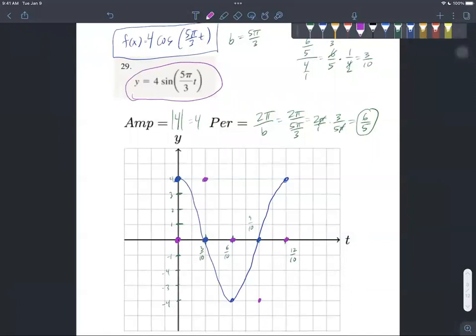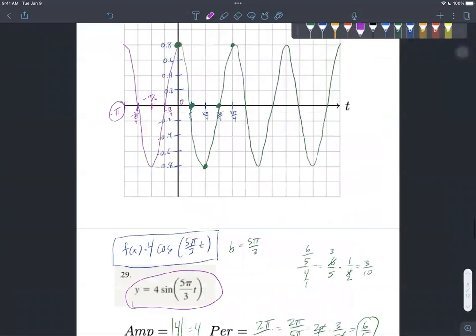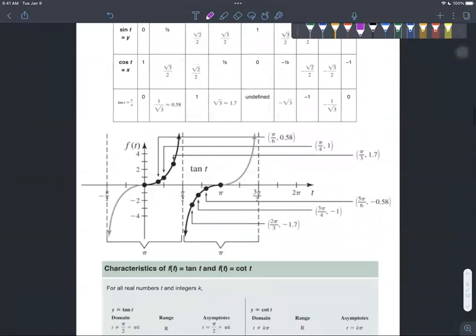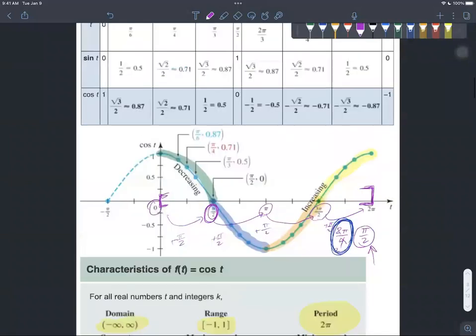Okay, so here is our sine function. There we go. All right. And so actually we graphed a sine and a cosine on that one. The one we were supposed to graph was sine, and there it is in purple. So make sure you essentially memorize what this function looks like.